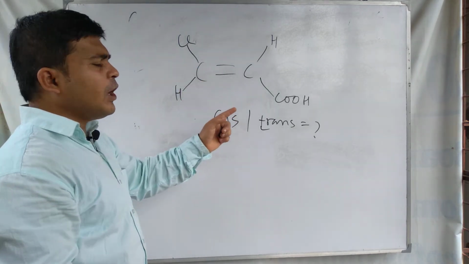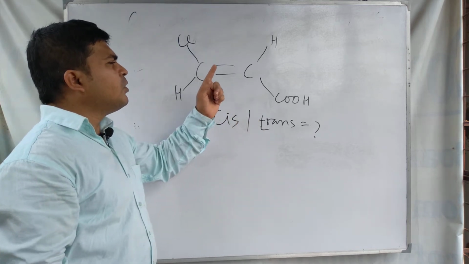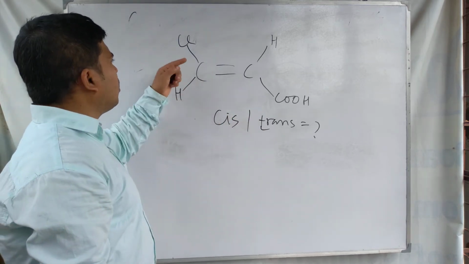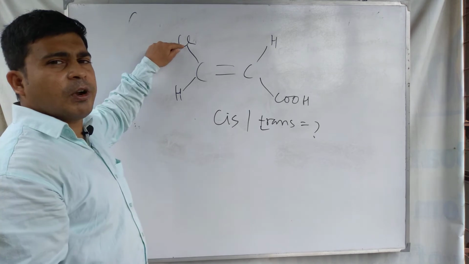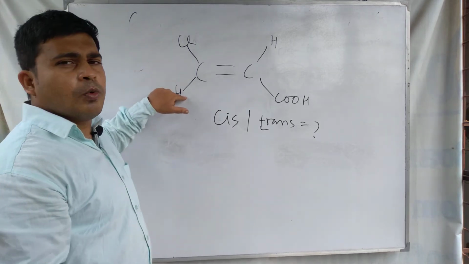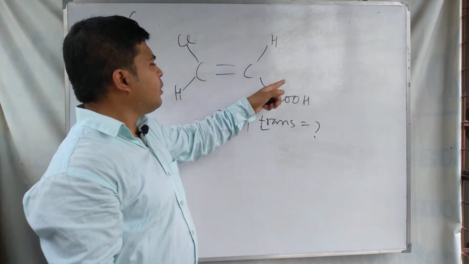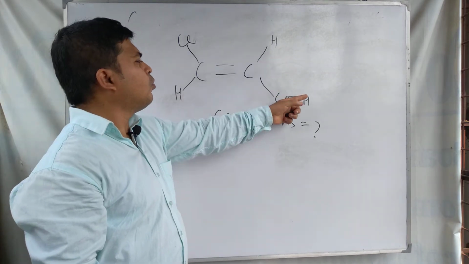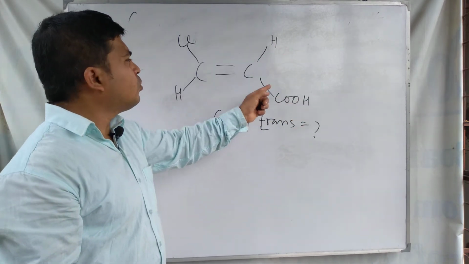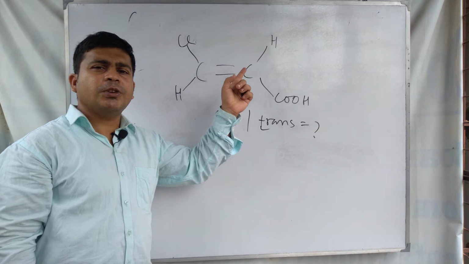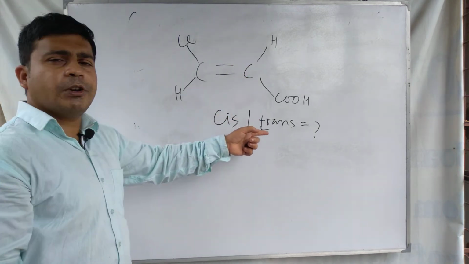At first we have to determine that this molecule has geometrical isomers. Look at the two groups: chlorine and hydrogen are different atoms, and hydrogen and COOH are different groups. So therefore geometrical isomerism is possible here.